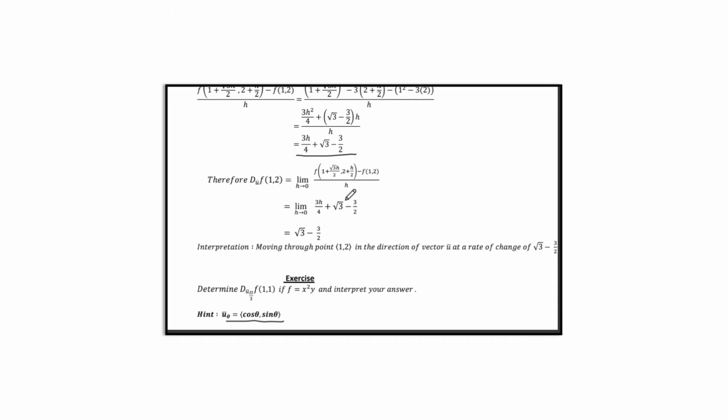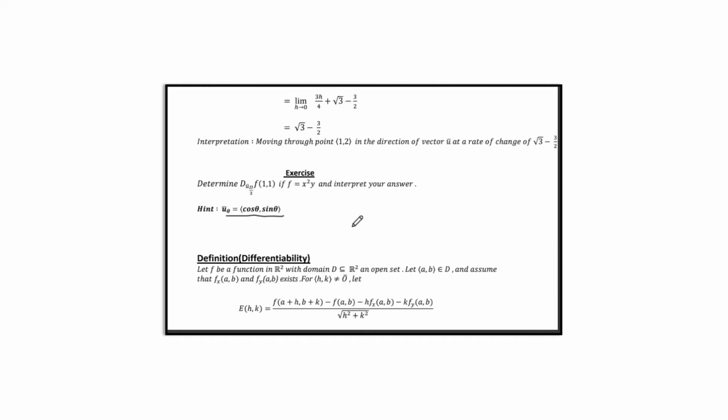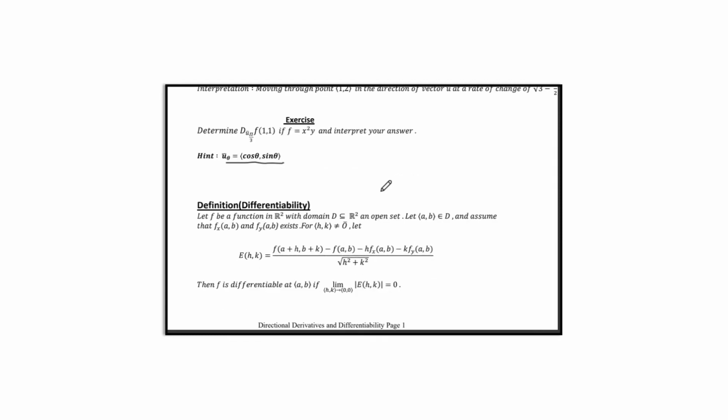So with that said, I'm going to jump straight into differentiability. Let f be a function in R2 with domain D, which is an open set in R2. Then let (a, b) be in D, and assume that the partial derivatives of f do exist.